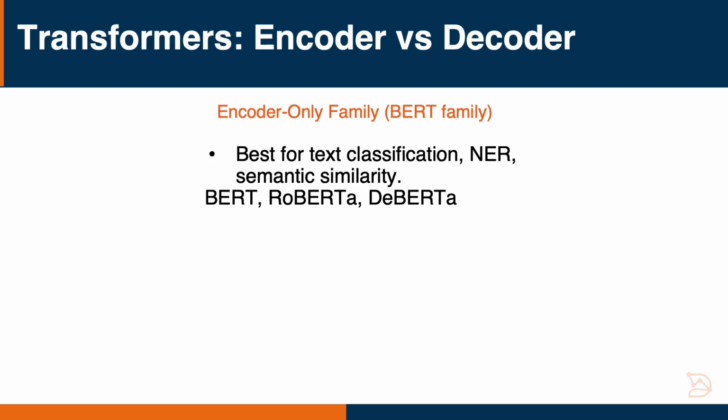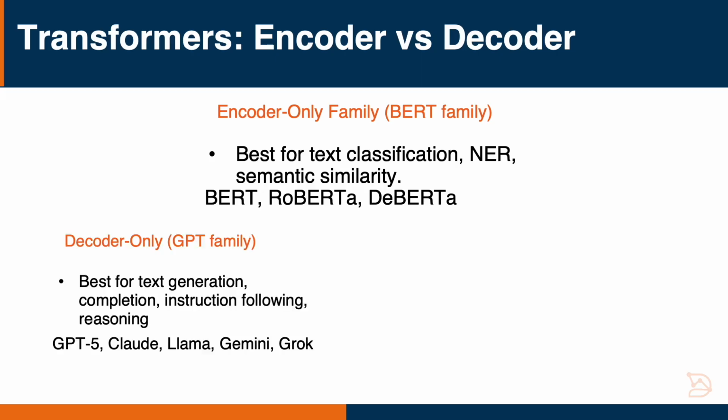So examples of only encoder models are for text classification and semantic similarities. If you are looking at BERT and RoBERTa, they are models that could really do well in text classification and other things. Now we have the decoder models, which most of them are trending right now, which is where we have generative AI, especially where we are doing text generation, completion, instruction following, and reasoning as well.